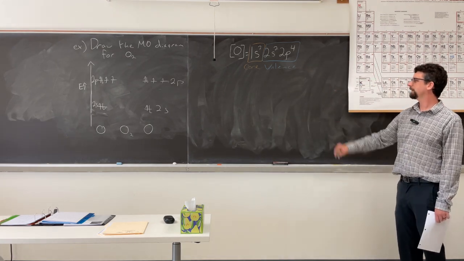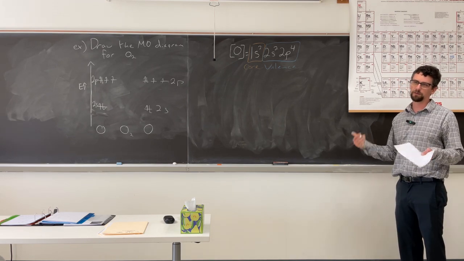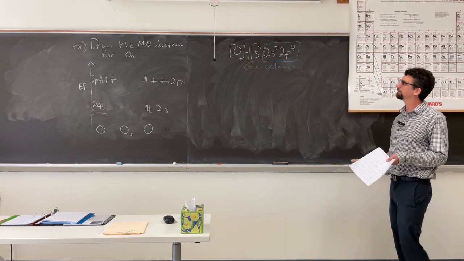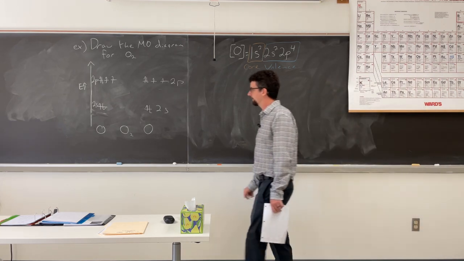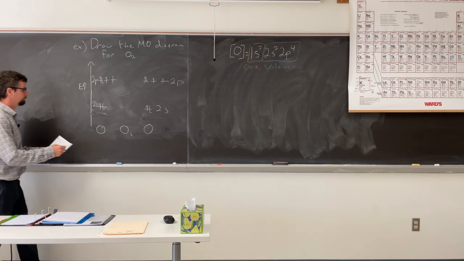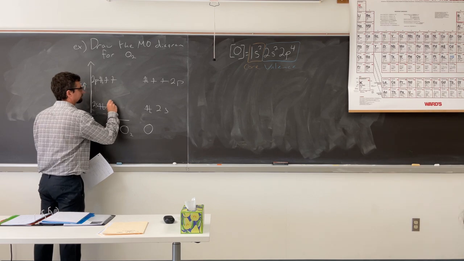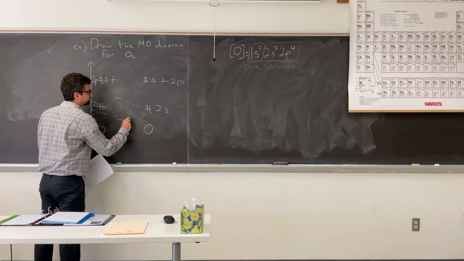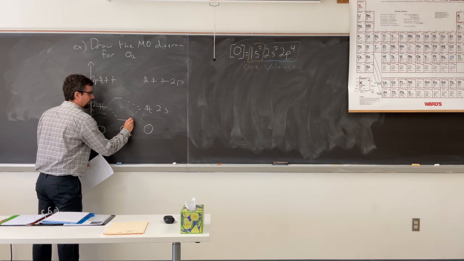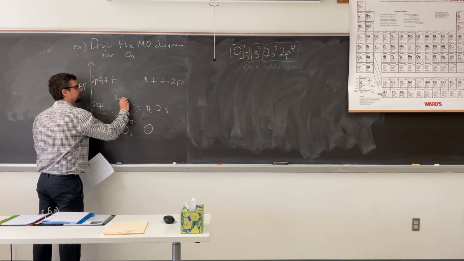Next, we're going to assume orbitals of similar energy are going to mix most efficiently. What's going to happen with the s orbitals? Two orbitals, one lower and one higher, and you're going to have two electrons. Yep. And sigma star, right?